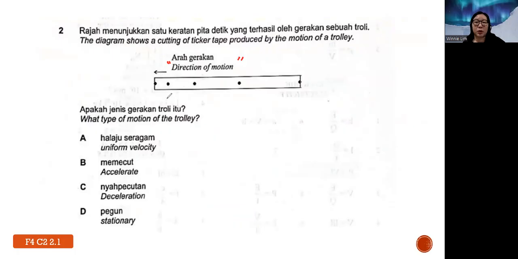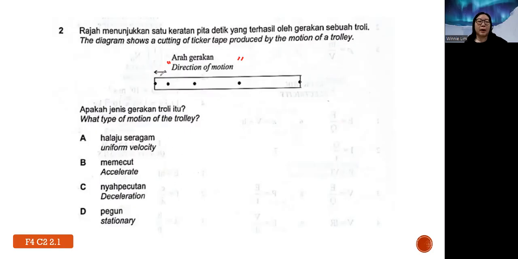I always tell students to imagine my pen is the ticker tape and the ticker timer is moving. When I pull my paper, the point I am holding is the initial point. Notice the paper seems to move to the left. So the arrowhead also indicates the starting point.